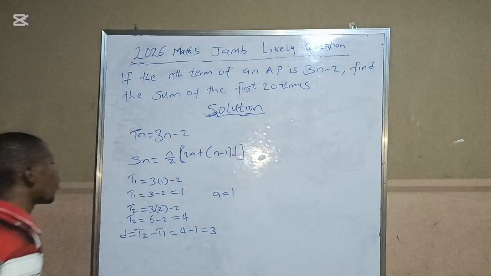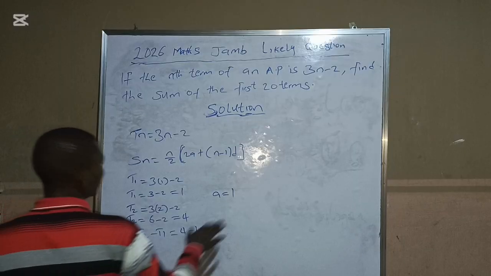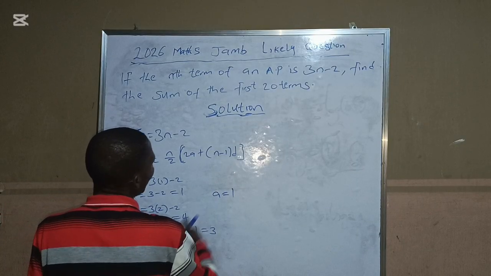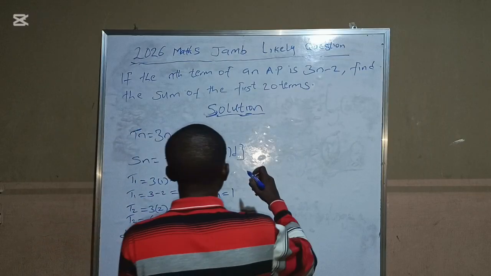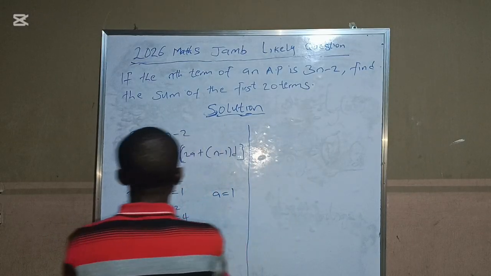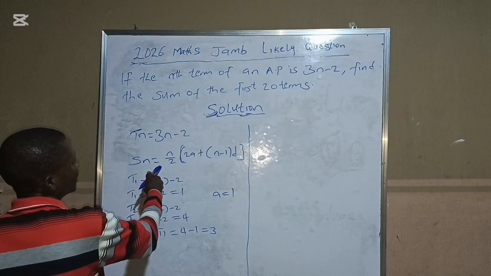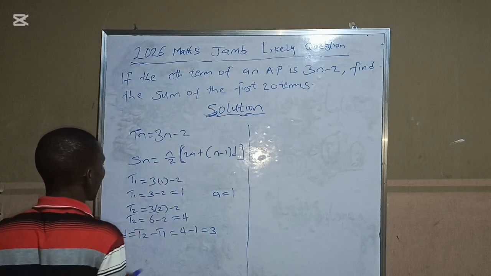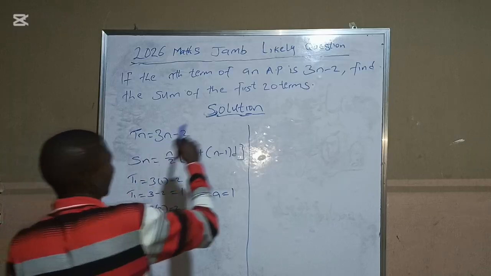So the value of d is 3. We've gotten our a and our d, so we can now put these values into the equation to find the sum of the first 20 terms.